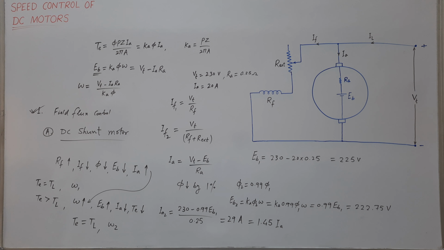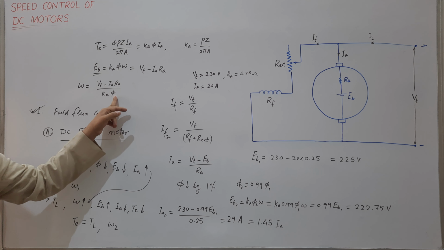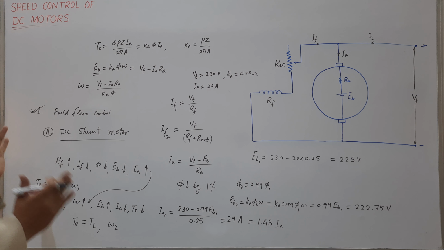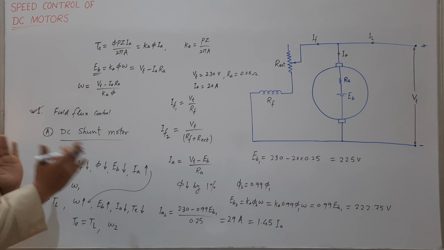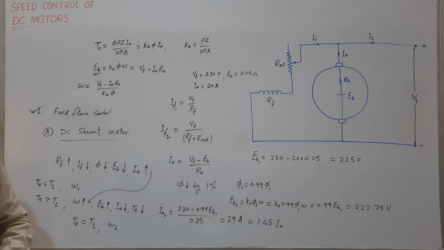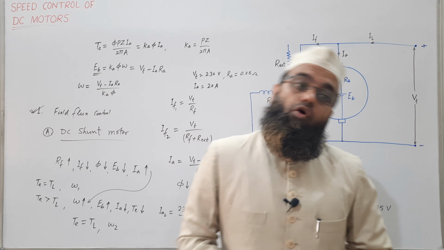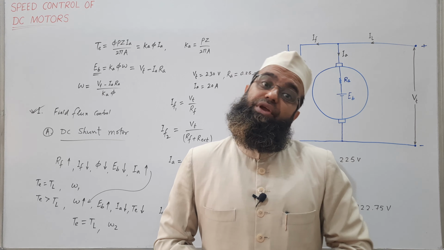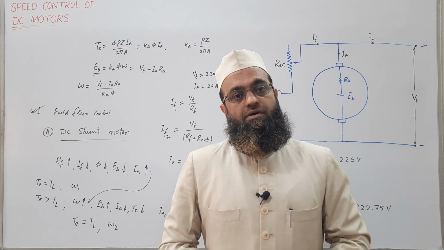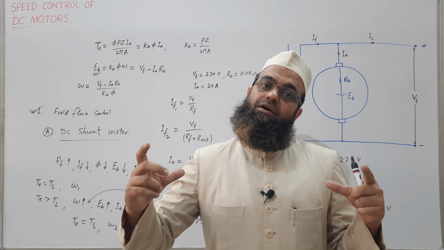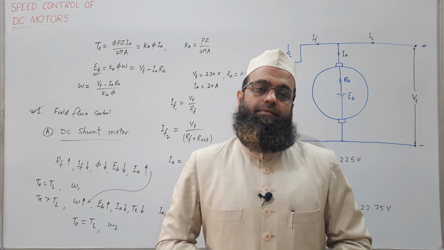So this way, by decreasing phi, we have increased omega, and we have discussed what will happen in between. Remember that a machine can only run at a constant speed when electrical torque and load torque are equal.